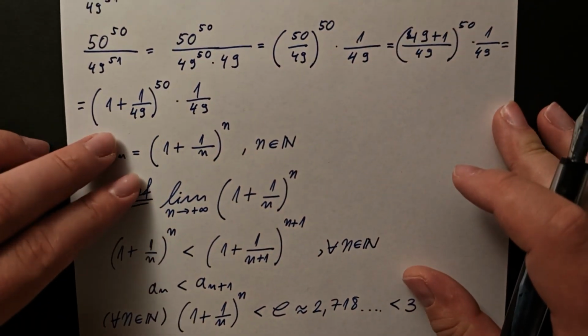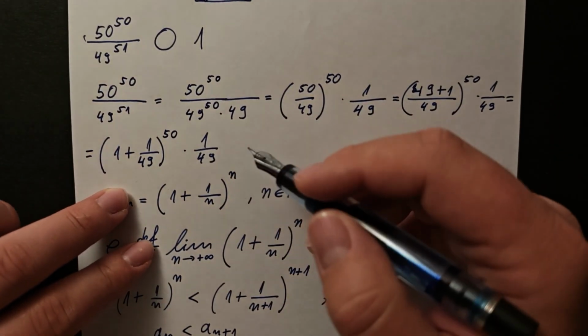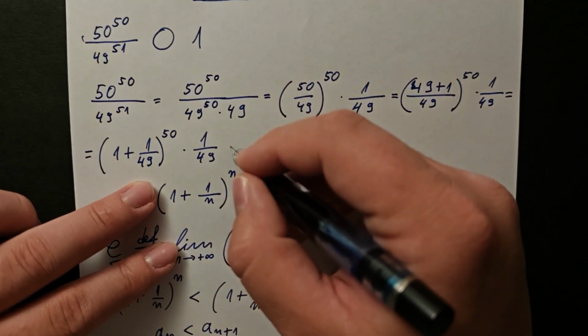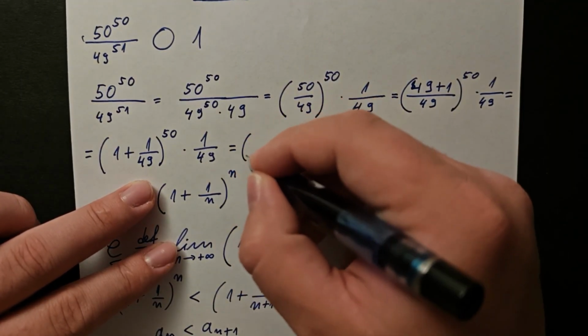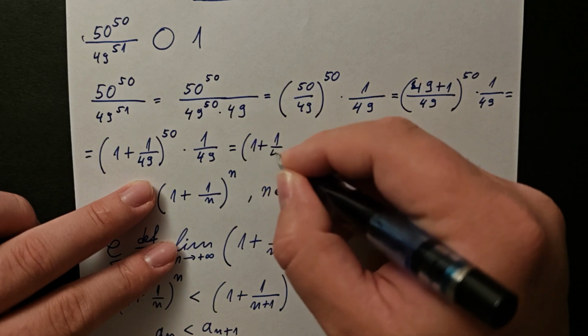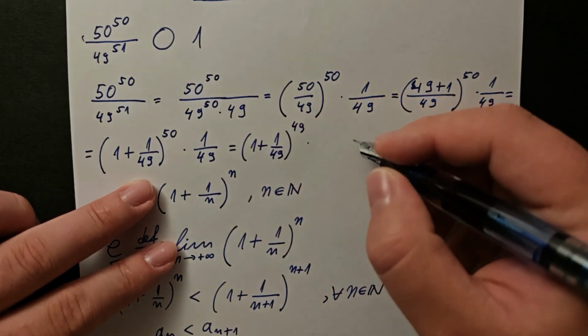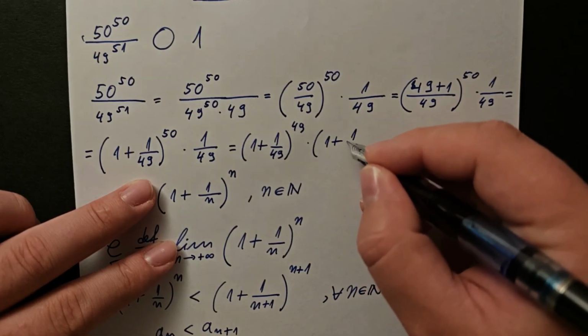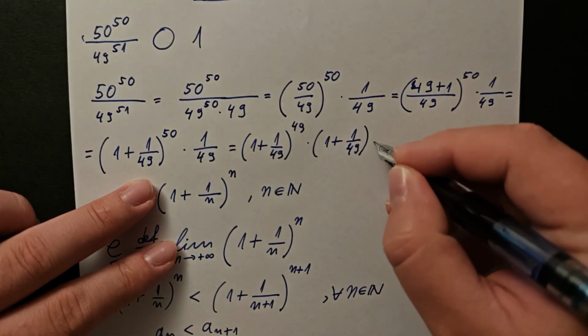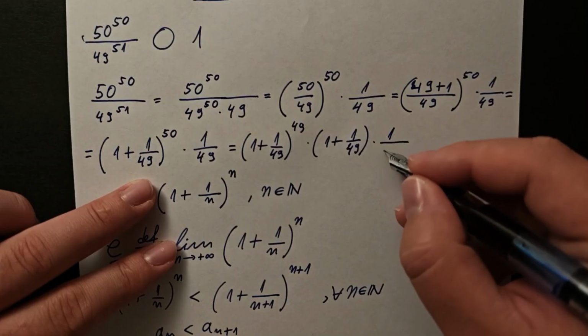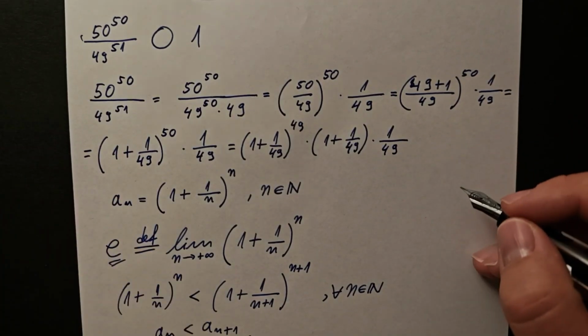As you can see here, we have 1 plus 1 over 49 raised to the power 50, and we can write that as 1 plus 1 over 49 raised to the power 49 multiplied by 1 plus 1 over 49, and then we have multiplication by 1 over 49.